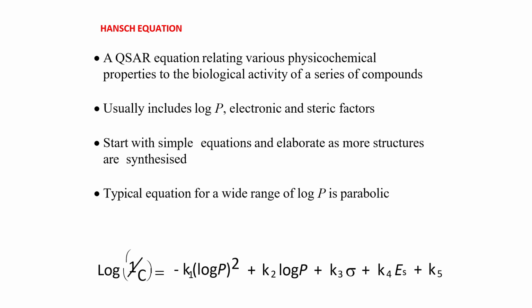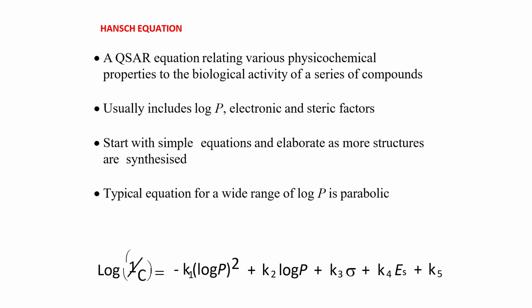Now if the P values are spread over a large range, then the equation will be parabolic. What is the significance? If the log P values are spread over a large range, then the equation will be parabolic.